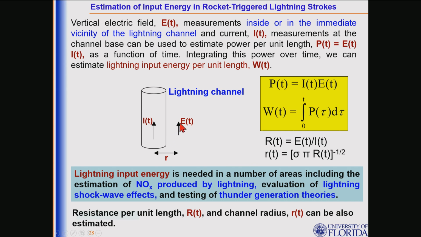So we measured field at 10 centimeters from the lightning channel, used measured current, found power per unit length, energy per unit length. It's also possible to estimate the resistance per unit length just as a ratio of E and I. And if you can make a reasonable assumption about electric conductivity, sigma, you can estimate the radius.